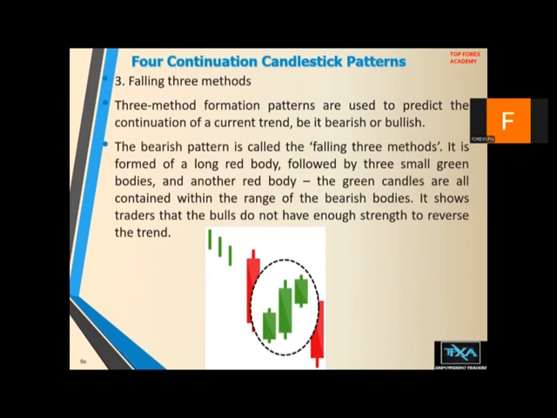It is formed of a long red body followed by three small green bodies, and another red body. The green candles are all contained within the range of the bearish bodies. It shows traders that the bulls do not have enough strength to reverse the trend.